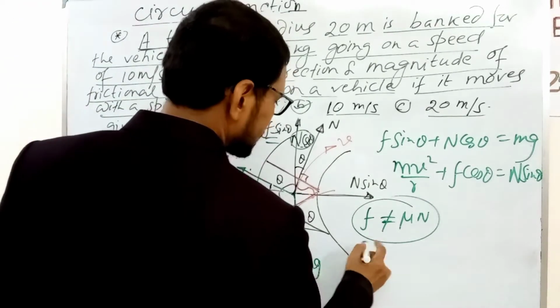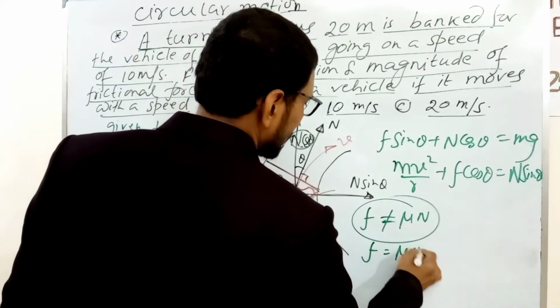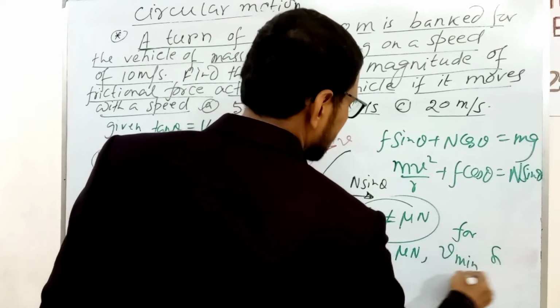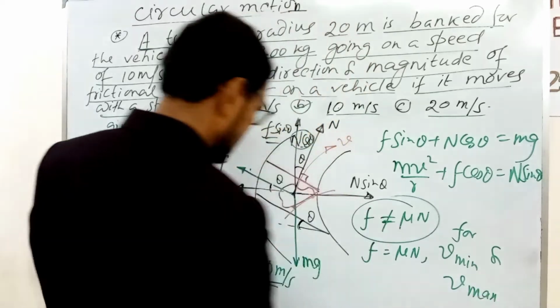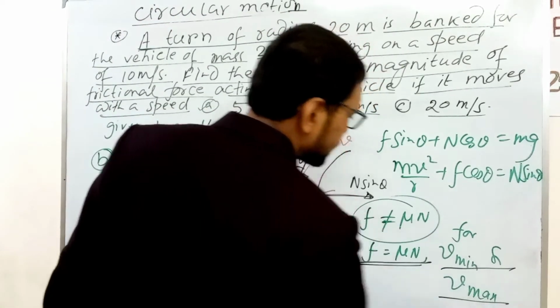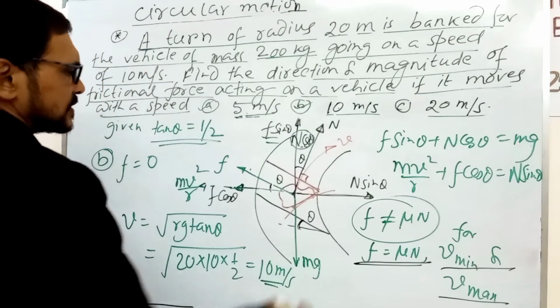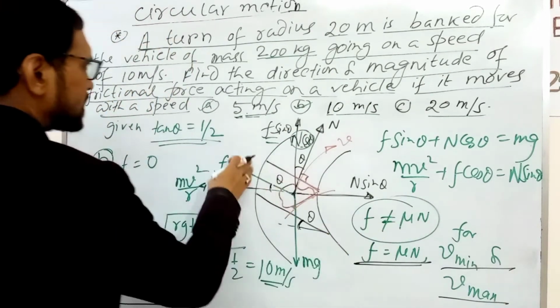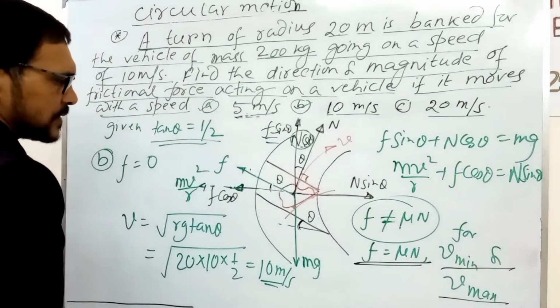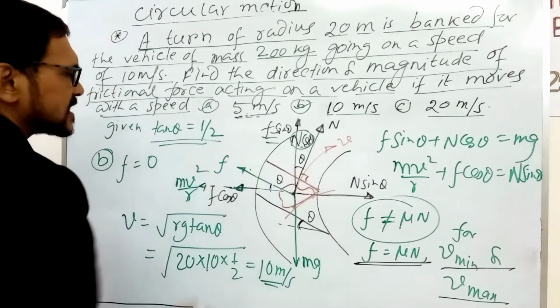We apply f equal to mu n when we get minimum velocity and maximum velocity. Remember this, we apply f equal to mu n only for minimum and maximum velocity. We cannot apply it at this velocity, because friction is an adjusting force.